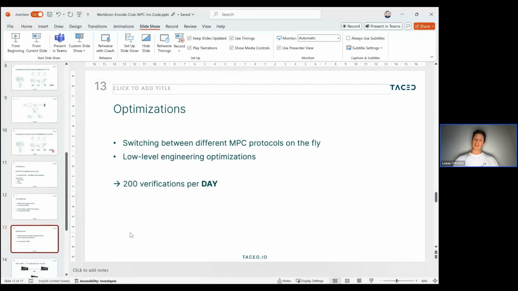This can be imagined like in the first talk, where you had designated proof systems for machine learning. Now we had designated MPC protocols for this iris check, and a lot of low-level engineering optimization brought us to 200 verifications per day. So a 4x improvement, still far away from our target of over 10 verifications per second.